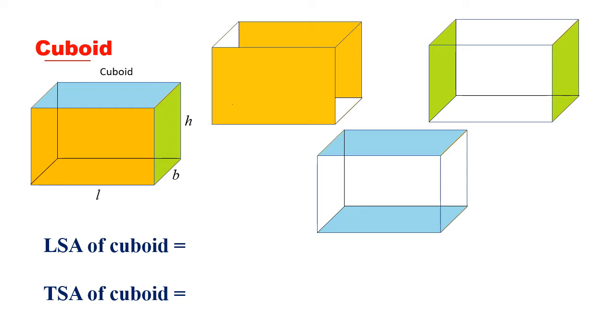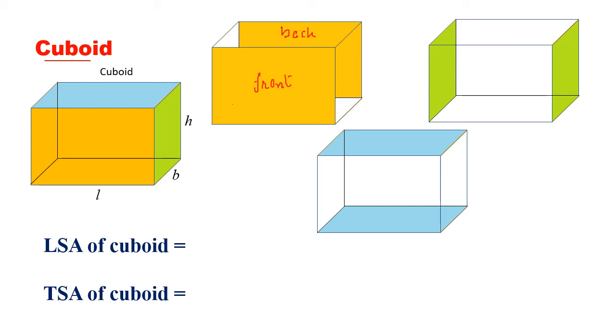So I have picturized the cuboid here. If you can see, yes, it has got the 6 sides. I have broken up the sides to show you in yellow. This is the back side and this is the front side. Now you can see in the cuboid, the front and the back side both are equal. Can you notice that? And they both are in the shape of a rectangle.